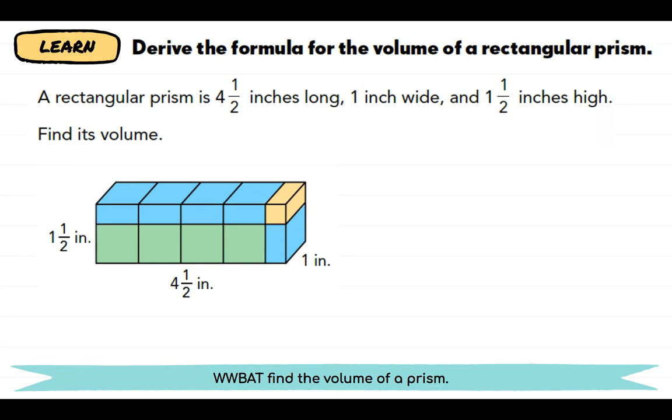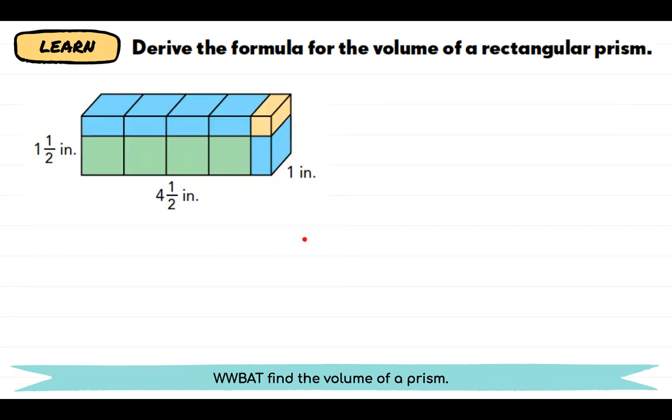So this little green cube is 1 cubic inch. These little blue cubes are just 1/2 inch because this side you have 1.5 inches. For this side there's 4.5 inches, and then to the back there's 1 inch.